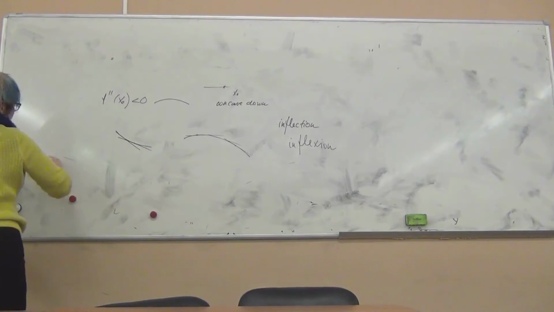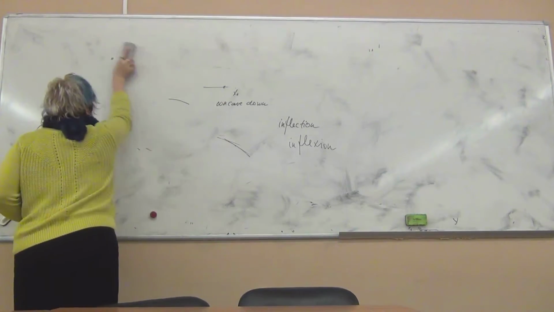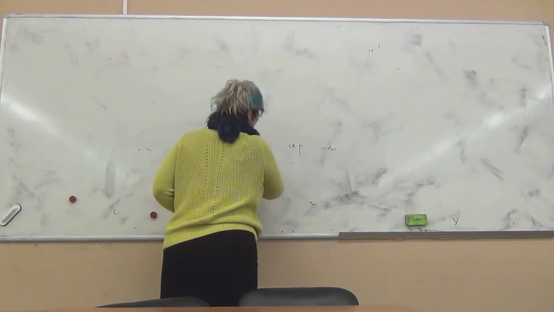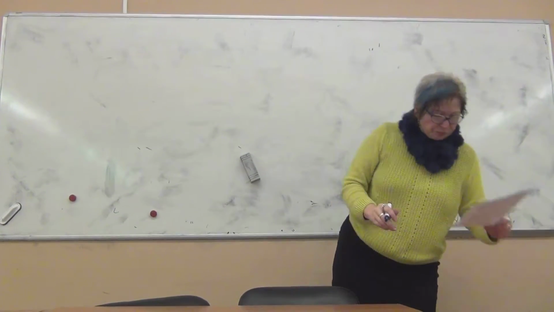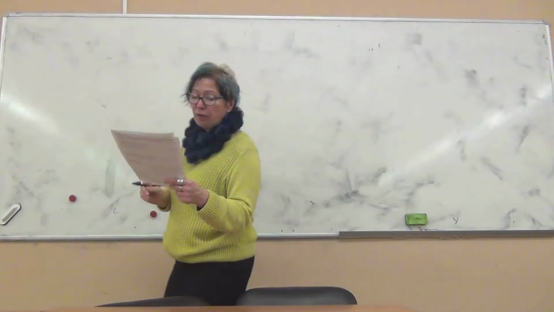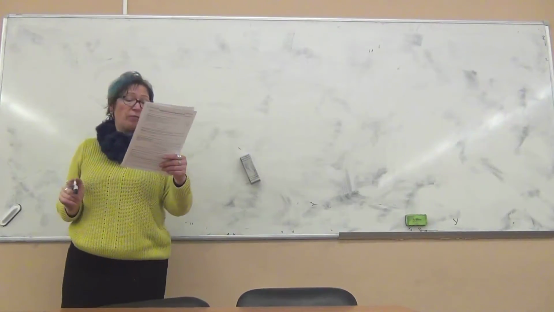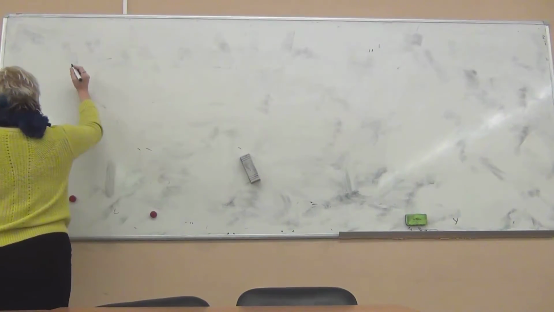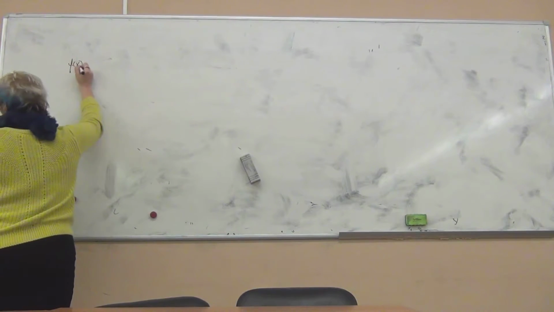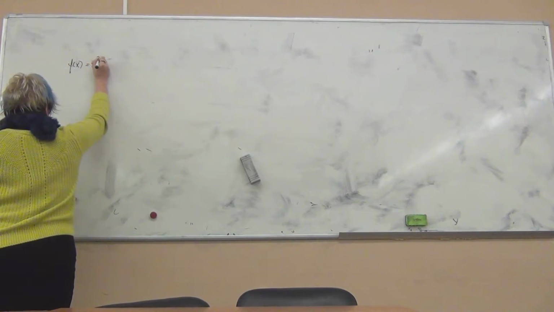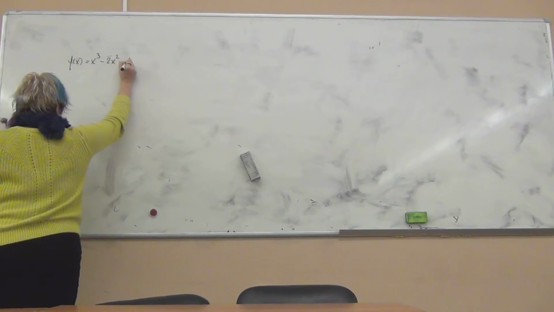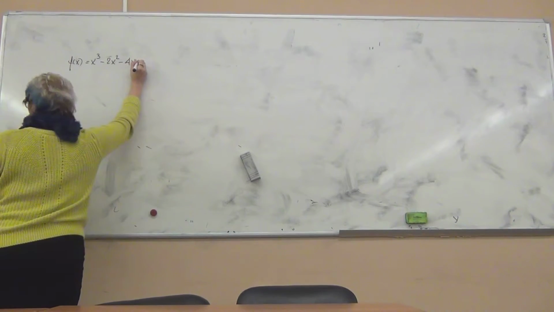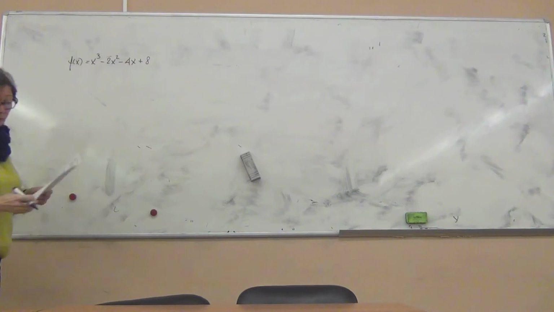So let's have an example to see how we can use the second derivative to investigate the shape of some functions. The first example: f of x is x cubed minus 2x squared minus 4x plus 8.